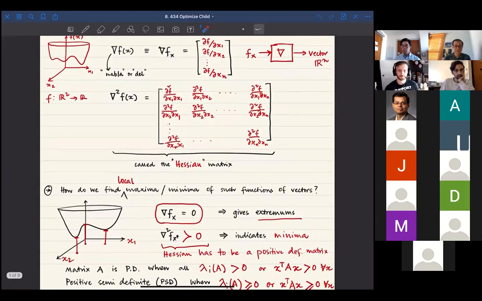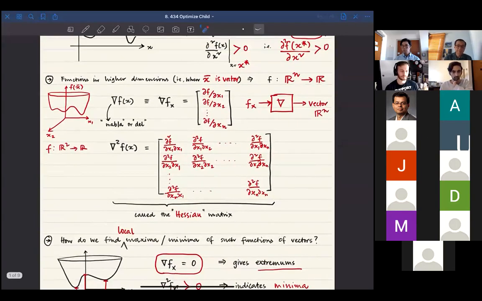Someone mentioned Jacobian last class. This is not the Jacobian matrix. The Jacobian matrix comes in when the function itself is vector valued, meaning you can have a function that is R^n to R^m. The output of the function is not a scalar, it is also a vector.